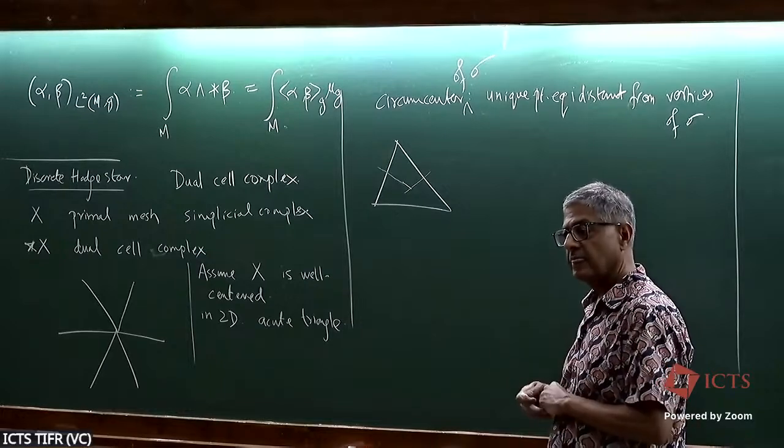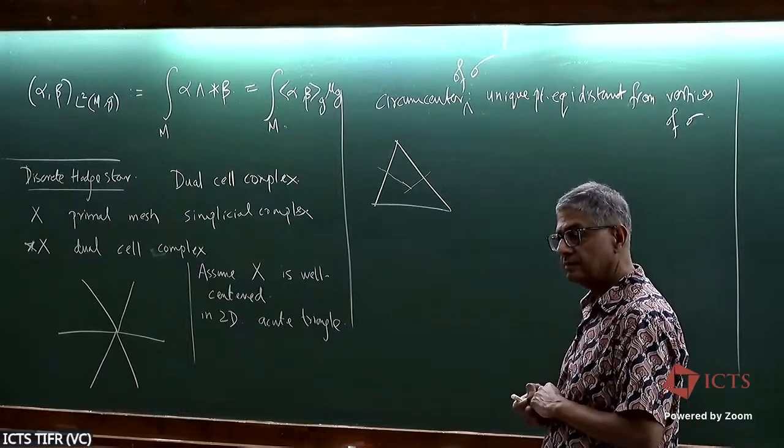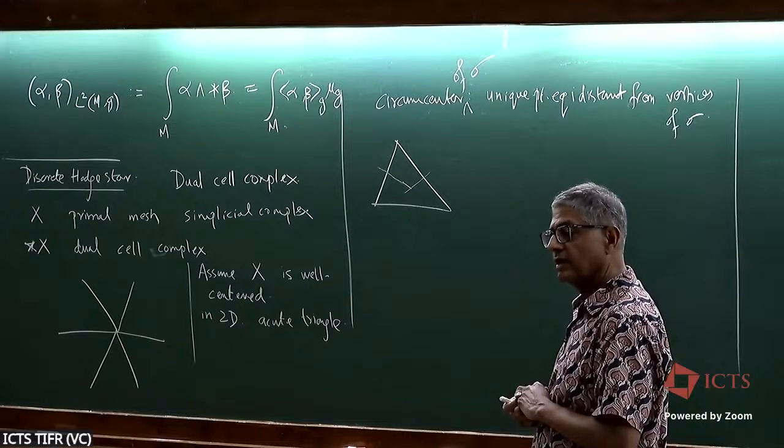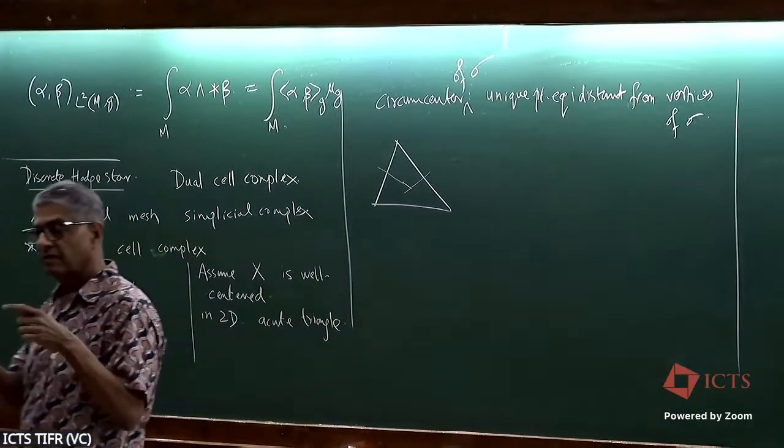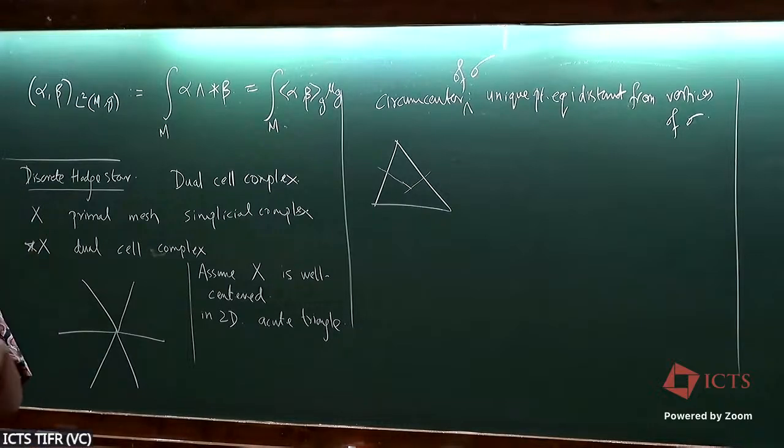Yes. Everything will work if you have each triangle living in its own local space, and then you have gluing information. The gluing information will allow you to build the exterior derivative without embedding. And even without embedding, we'll be able to get the idea of circumcenter.